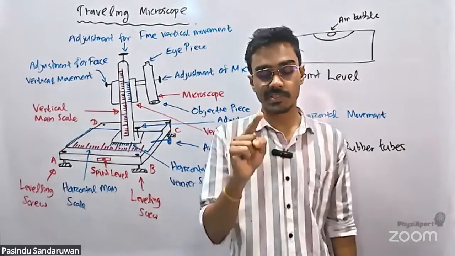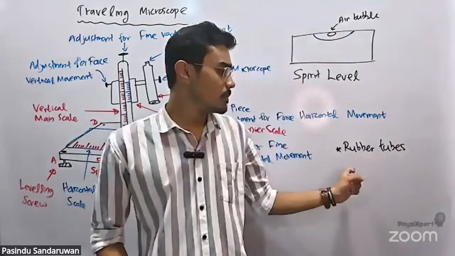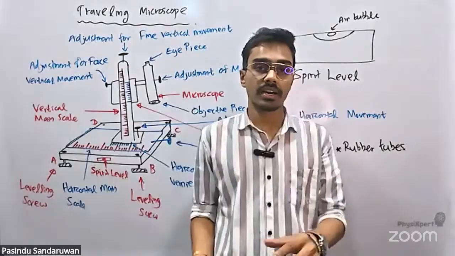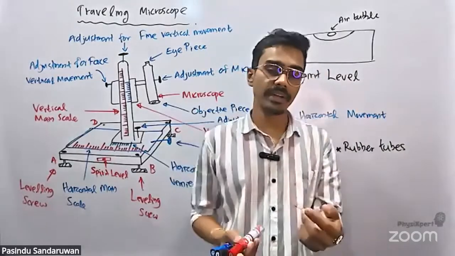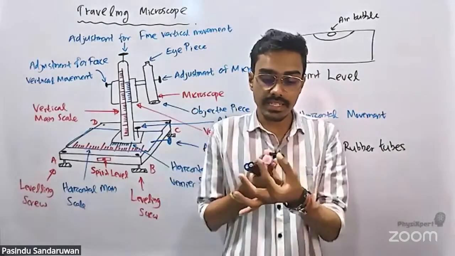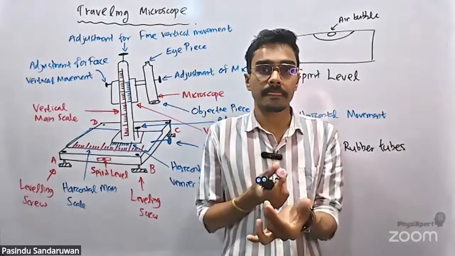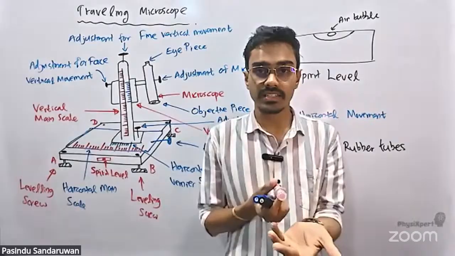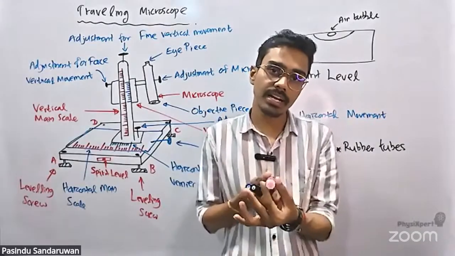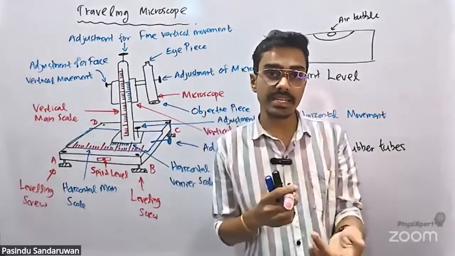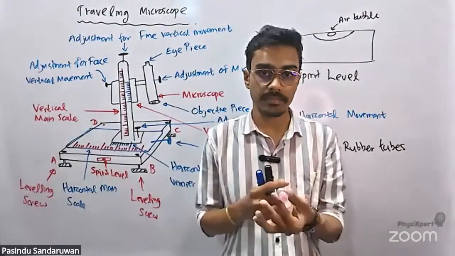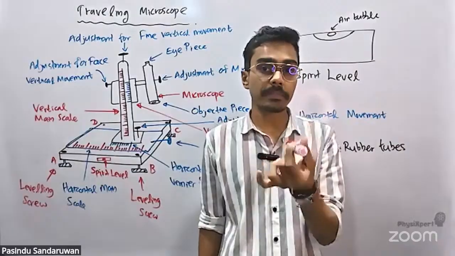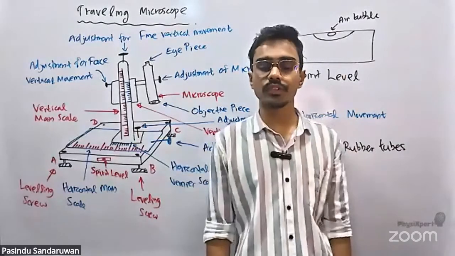Therefore, this instrument is especially used to measure diameters of rubber tubes, because rubber tubes are deformable. Deformable in the sense that if you apply a force, it changes shape very quickly. So it cannot be kept tightly between any two points.